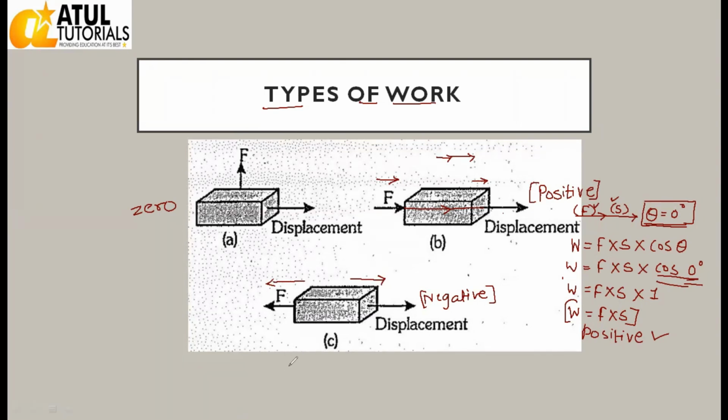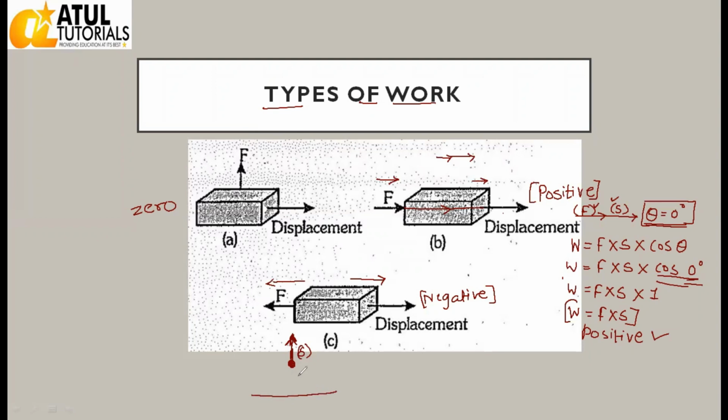Suppose this is a ball, and you apply force to this ball, and due to this force the ball is moving in an upward direction. This is the direction of the displacement.